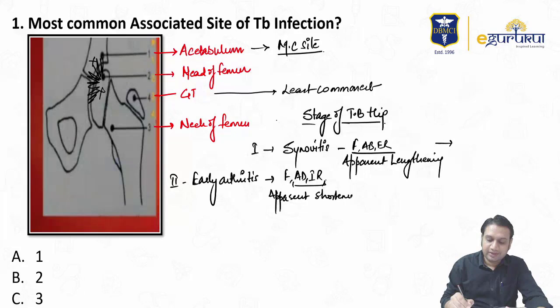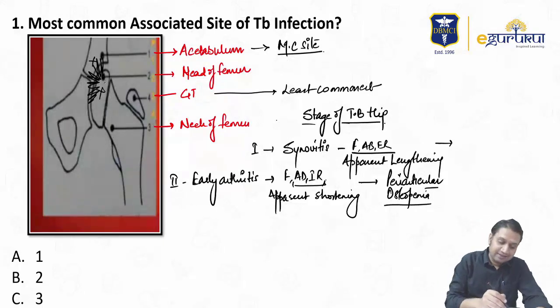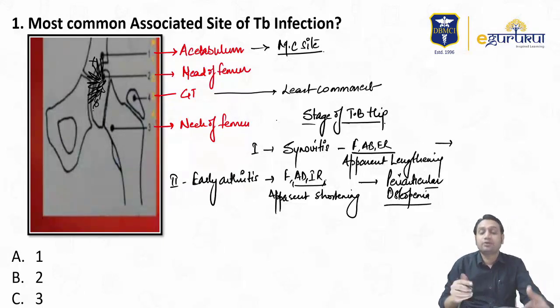With apparent shortening, the bony change seen is periarticular osteopenia. That is blackening in the x-ray; these areas will appear more black compared to the rest of the bone.